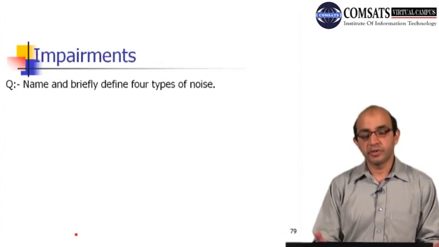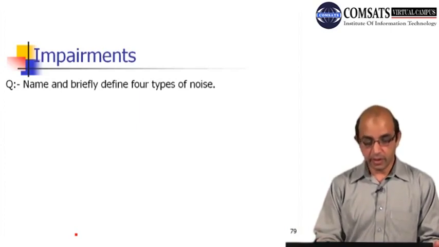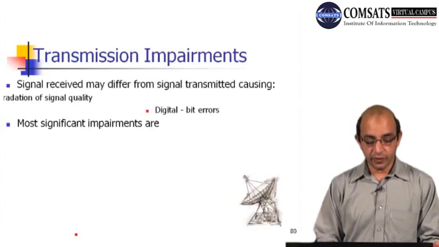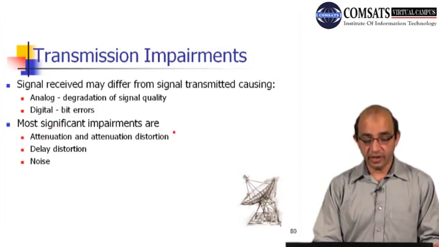When we talk about the communication system, we have to face certain impairments, and one of the impairments is noise. The significant impairments are attenuation, delay distortion, and noise.